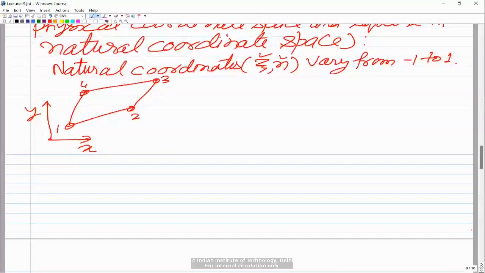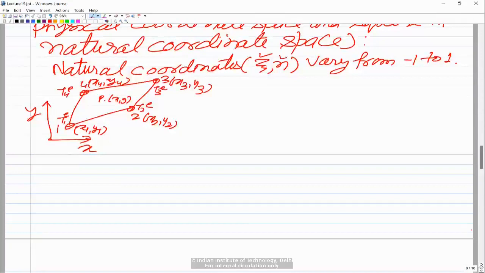Let us say P is any point having coordinates x and y, and the coordinates of the nodes are x1 and y1, x2 and y2, and so on up to x4 and y4. These coordinates would be known. The temperature is the degree of freedom at the nodes, which is the primary variable. So we will have T1E, T2E, T3E, and T4E. These are the temperature values.